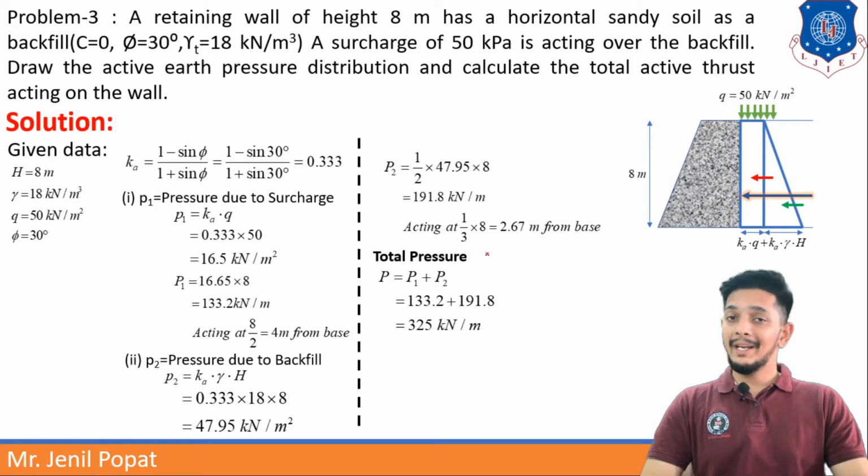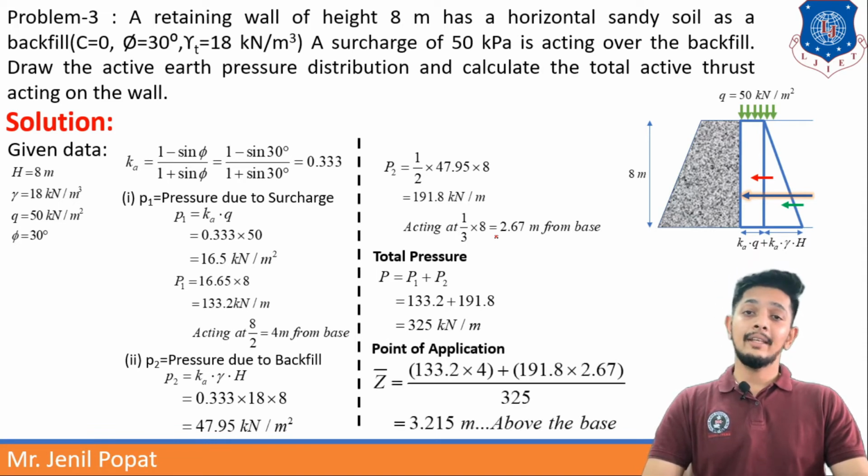So the total pressure force will act at the weighted average height, where Z bar is equal to 133.2 into 4. What is 133.2? It is the pressure force given by the first item, P1. And what is 4? It is the point from the base at which it is acting. And in the same way for P2 it will be 191.8 into 2.67.